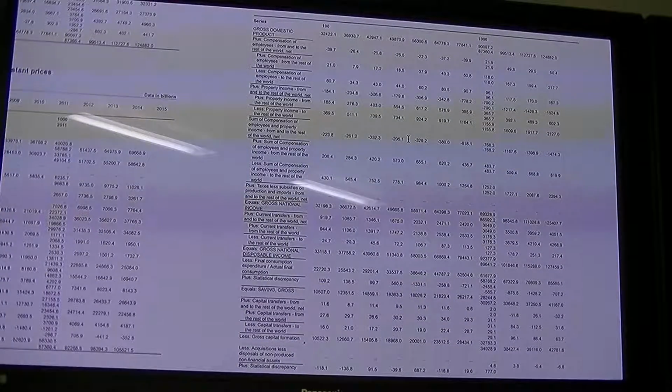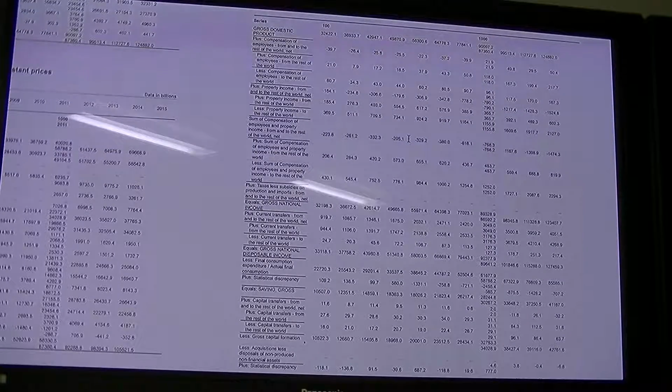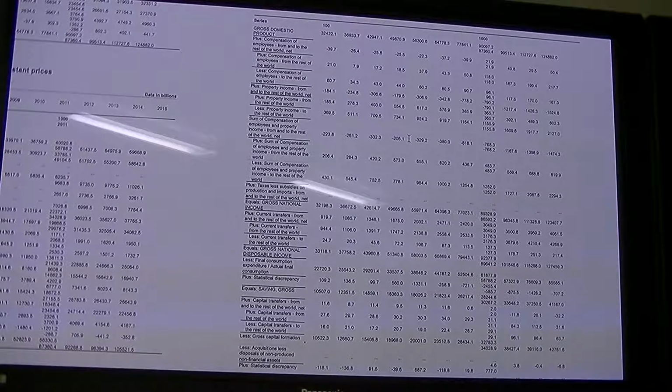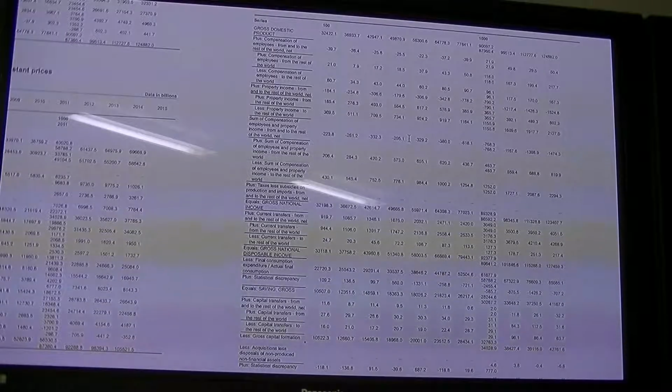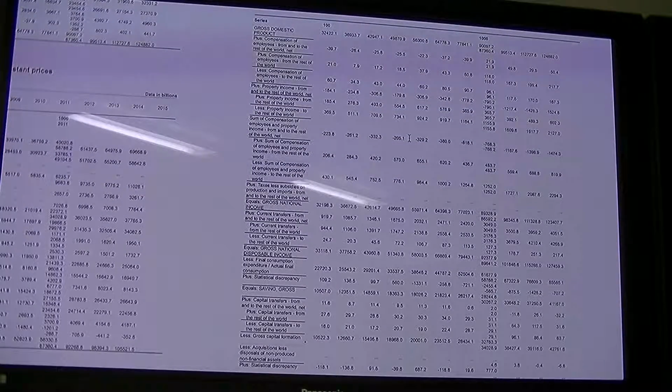And the reason is that because they were borrowing so much money, the only way to finance it, you have to sell. If you're running a negative balance of payments, then you have to sell assets. That's how you finance a negative balance of payments. You have to sell something. You have to sell assets.